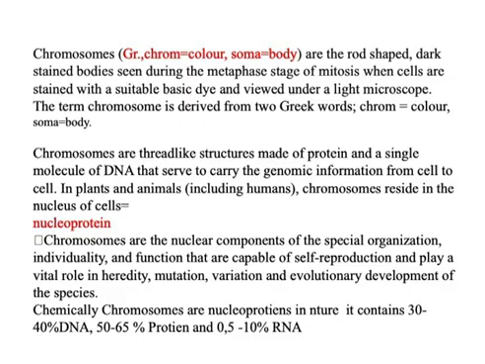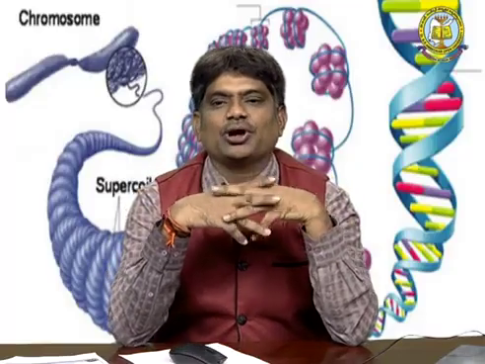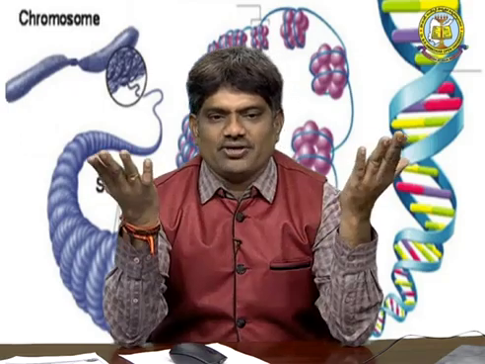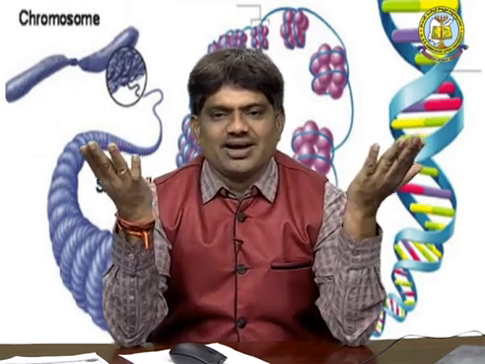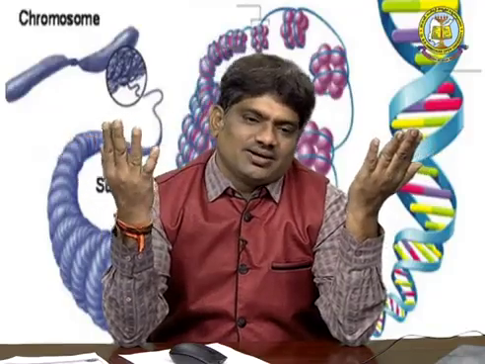In the chromosome, protein, DNA and RNA are present. Together we call these nucleoproteins: the nucleus part and the protein part. In viruses and basic prokaryotes too, we have nucleoprotein, DNA and protein.